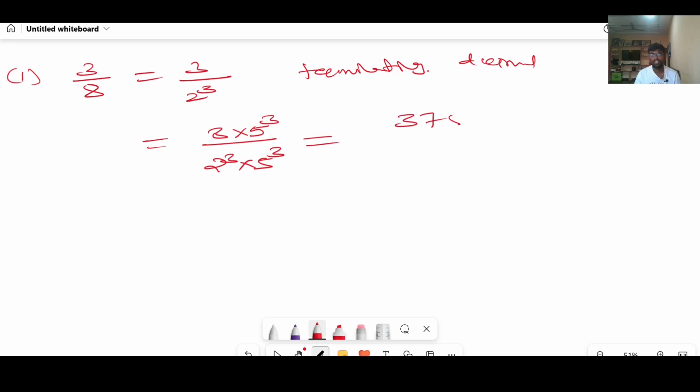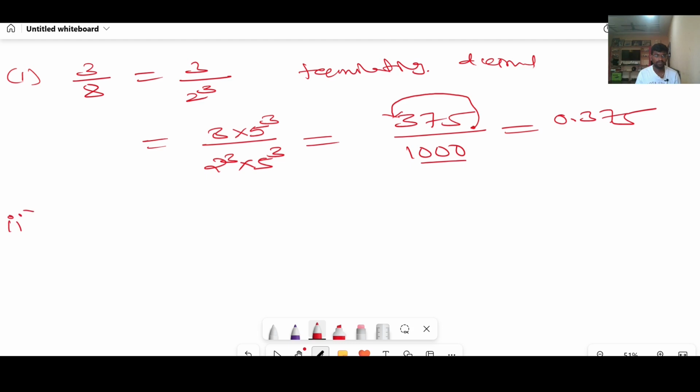This will become 1000. When you divide an integer by 100 or 1000 or 10,000, the number of zeros in the denominator is the number of digits the decimal will move to the left. You will be left with 0.375. This is the first one.